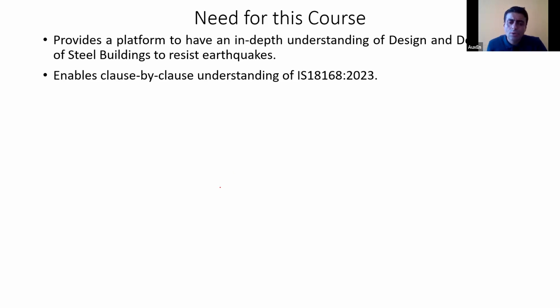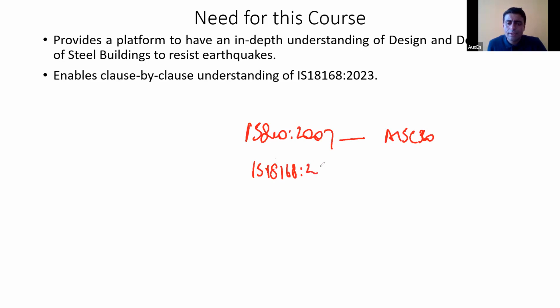One thing that is good right now is that IS 800:2007 is largely taken from AISC 360, and this new IS 18168:2023 is largely taken from AISC 341. So when it comes to steel structures, the Indian codes are now at par with international American practices.